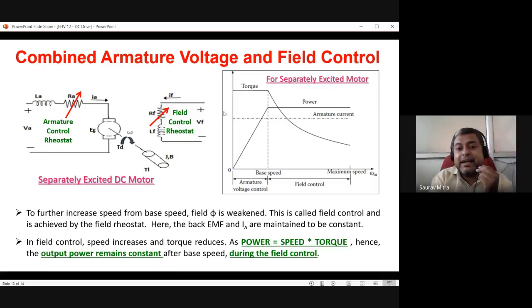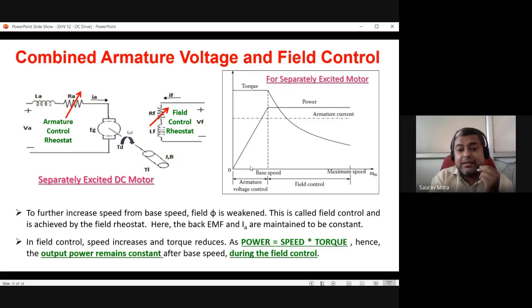Initially IA is cut. IA is cut means initially the RA is cut, that is armature resistance. IA is increasing. IA is increasing means torque is increasing. So whenever the V is maximum, after that you keep on adding RF in the field circuit, which will decrease the value of phi, and as phi is decreasing, the speed will increase.